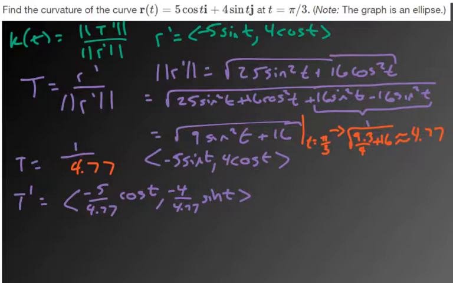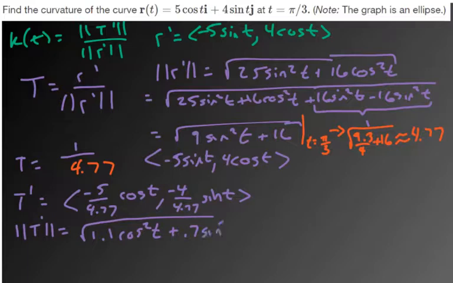Well, you've got to get its magnitude too. We are running out of room quickly here. The magnitude of T prime, again, is a situation where I would use a calculator. You get something like about 1.1 cosine squared t, and then if you square the second component, you get about 0.7 sine squared.